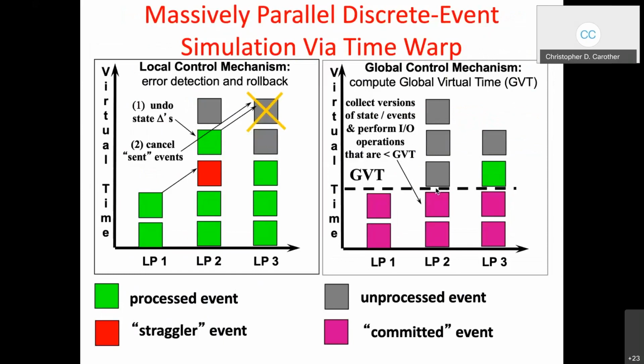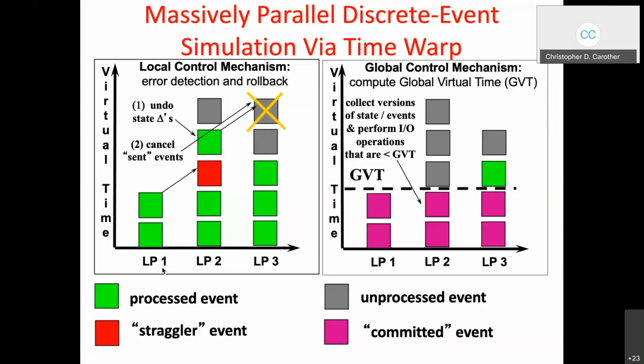This Time Warp mechanism can be seen in two different parts: a local control mechanism and a global control mechanism. You'll notice in this depiction we still have virtual time on the y-axis, but we've changed from processing elements to LPs, or logical processes.